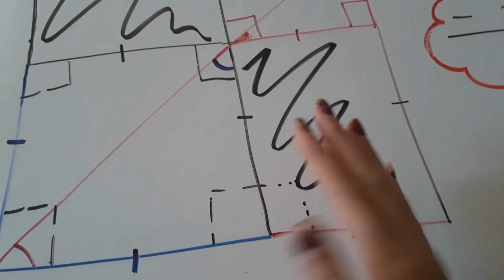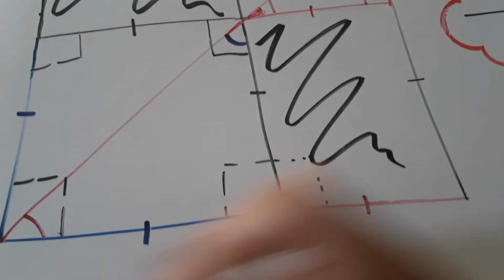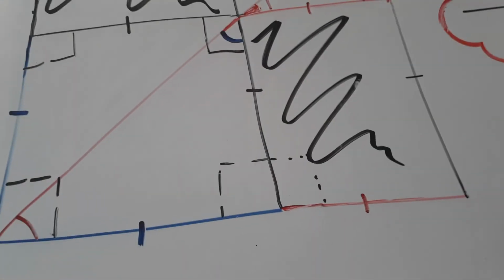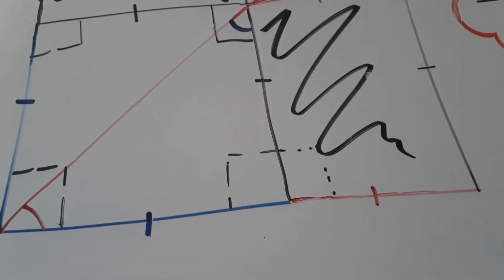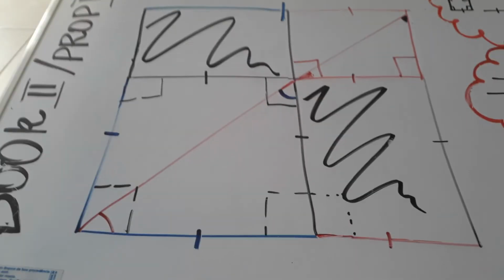The two rectangles are contained by this straight line. So we have this one contained by this straight line. So twice this one, this plus this, is equal to the rectangle contained by this whole straight line. So look what we have here.